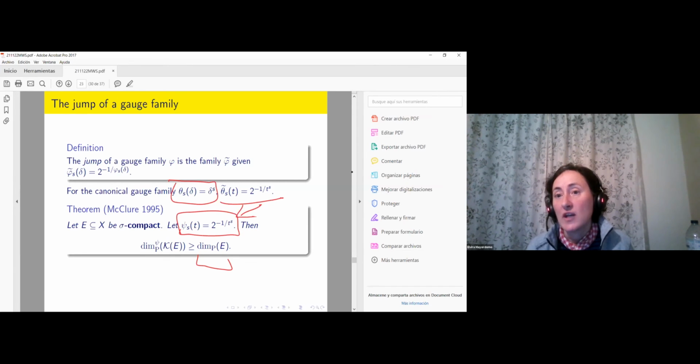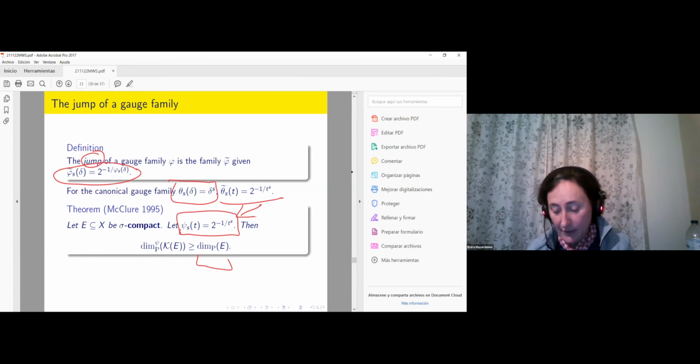You can change for an interesting gauge function definition for x. So non-trivial, I mean, phi dimension for x to the hyperspace, you have the jump. So it's always, this is the jump. You start with phi s for the space x, and in the hyperspace, you jump to 2 to the minus 1 over phi s.